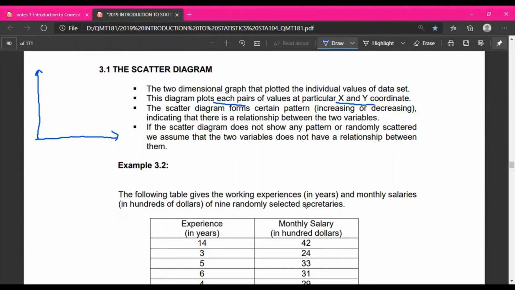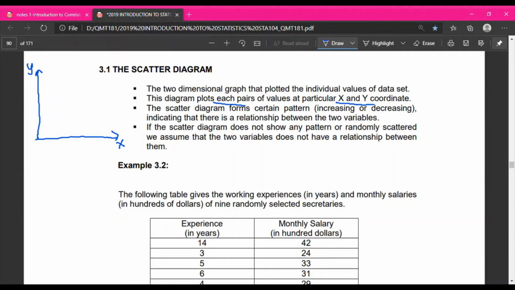So, the x-axis will be the value for x variable, dan y-axis will be the value of y variable. Then plot the pair of x dan y. So, daripada situ, you akan dapat the diagram.